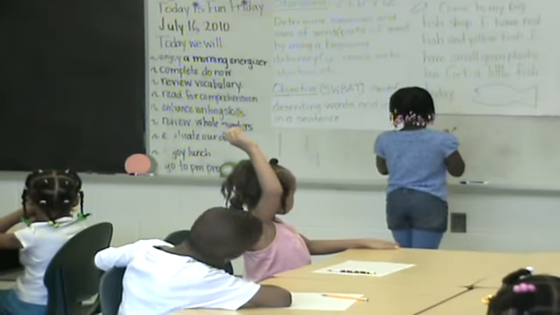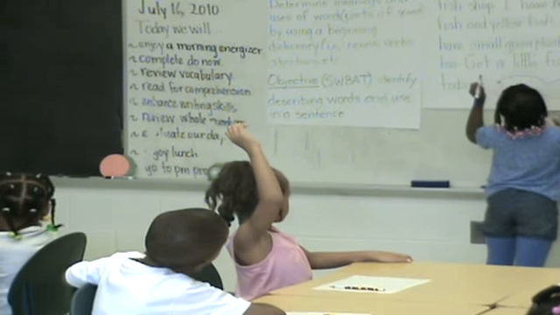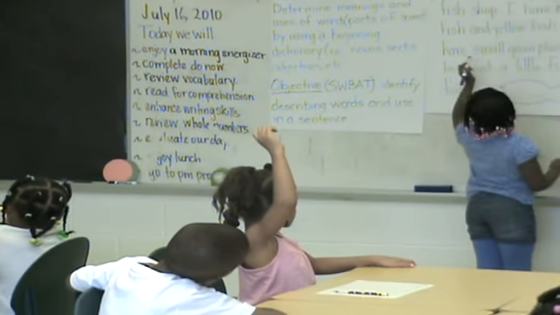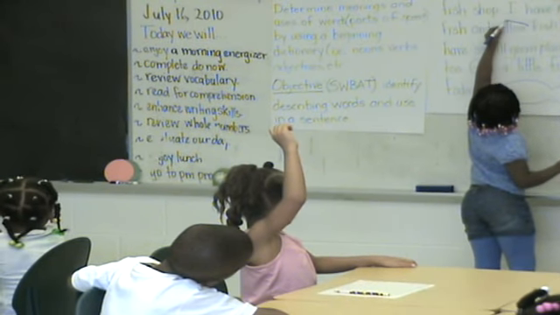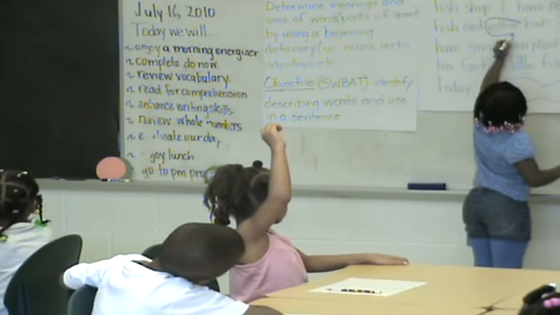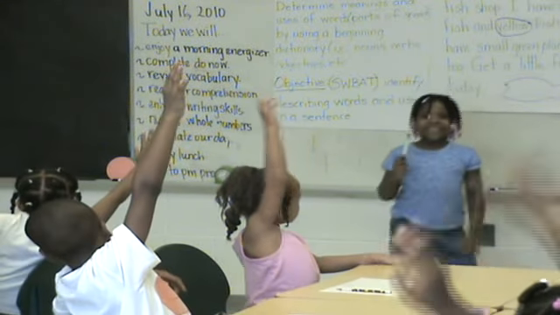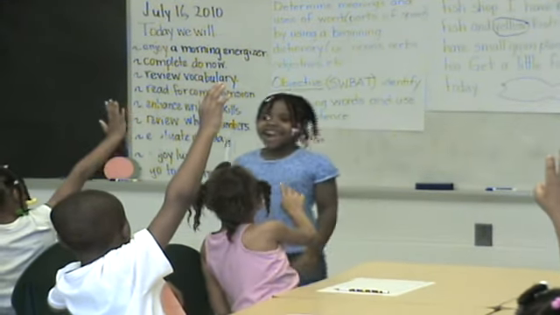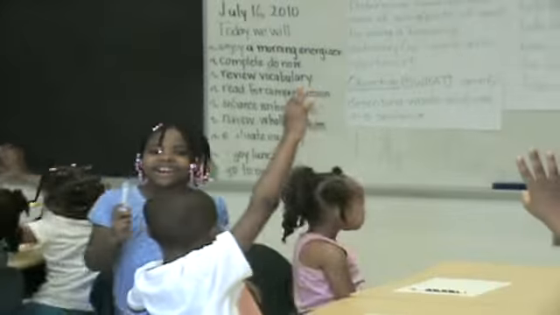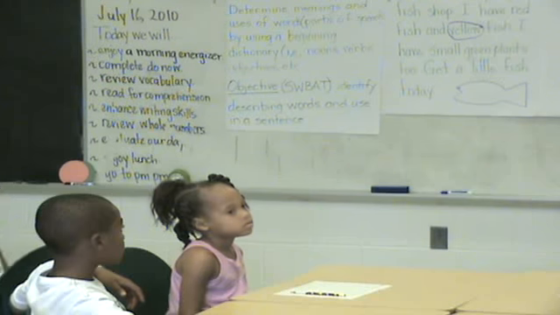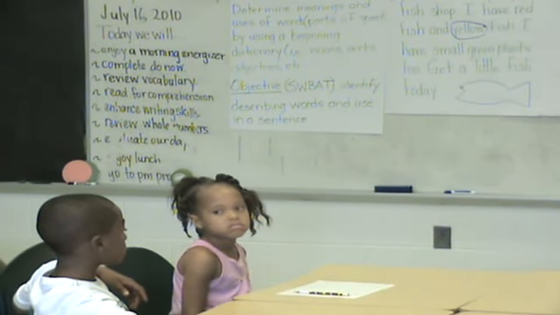Circle a color word. All right. And tell us what you circled. Yellow. Okay, yellow. Pass the marker to someone. We have a yellow color word. May I have someone else come and circle a color word.